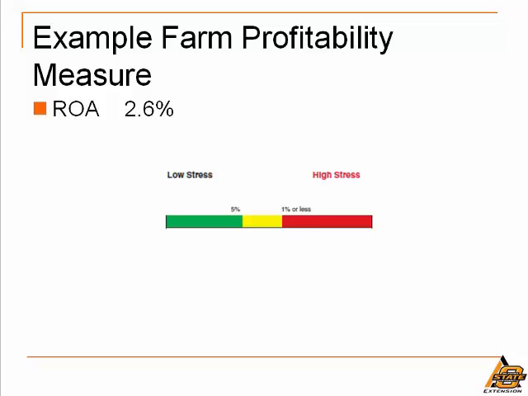On a side note here, the benchmark return on assets of 5% might seem a little low compared to some alternative investment choices, but keep in mind that we generally do not include unrealized capital gains, especially on owned real estate, which makes up a large share of the average farm balance sheet, as an income in the calculation.